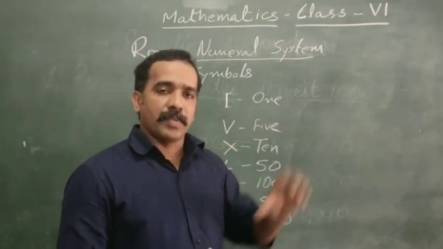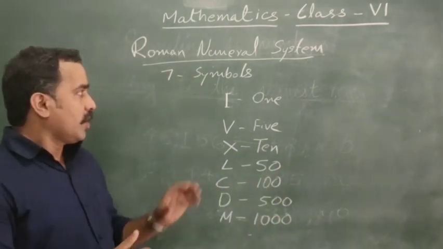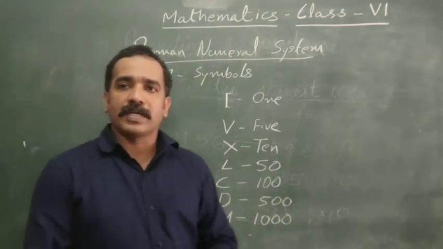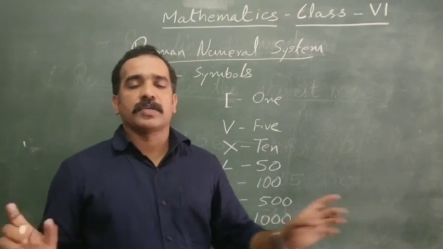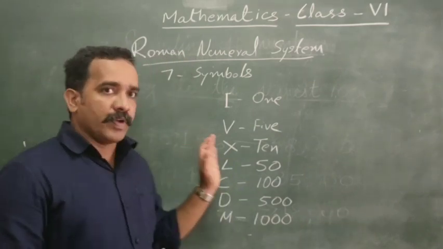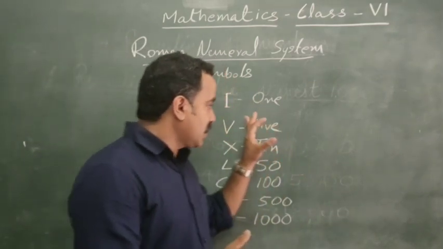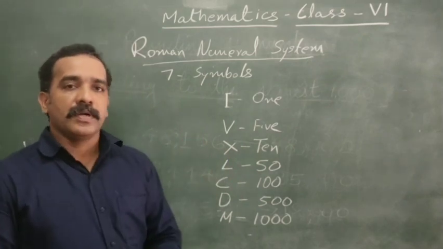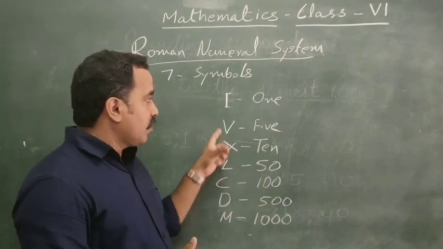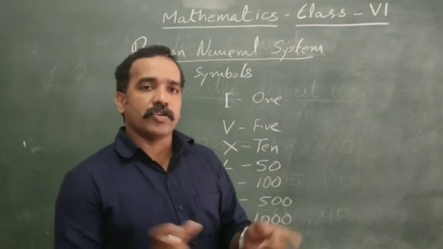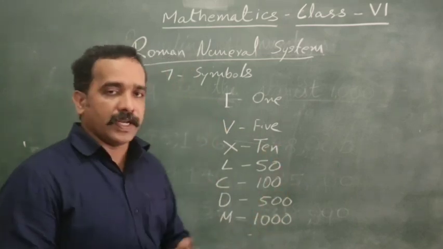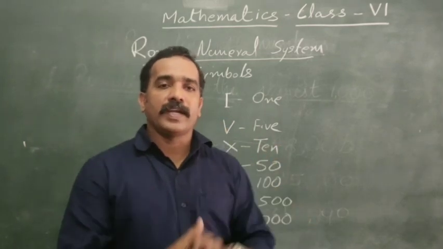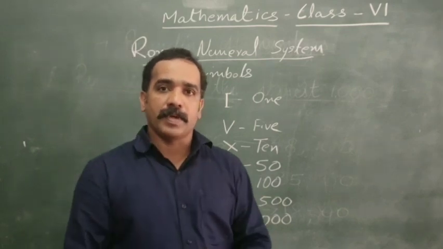We already discussed all that. But in the Roman numeral system, the place value system is not used. Whenever we use these symbols to form a number, each time we are adding or subtracting the values to find the value of that number.